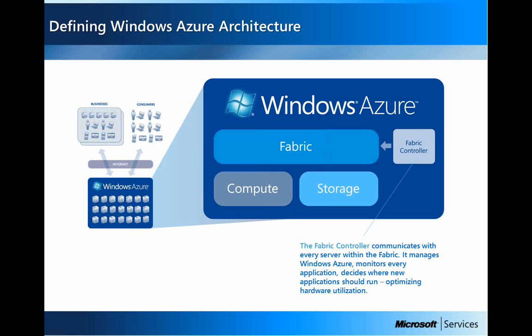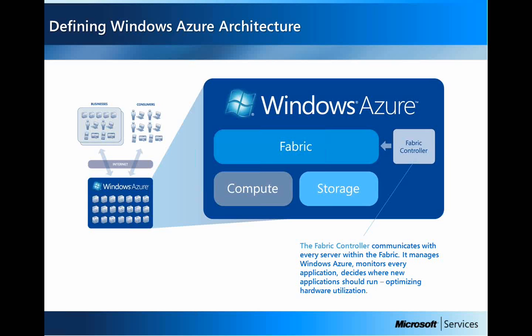Because it can communicate with the Fabric agent on a computer, as I showed you just now, like each instance has an agent running inside it that helps it to communicate with Fabric. Because it can communicate with the Fabric agent on every VM, it is also aware of the Windows Azure application in that Fabric, and it is also aware of the Windows Azure storage, just like any other application.